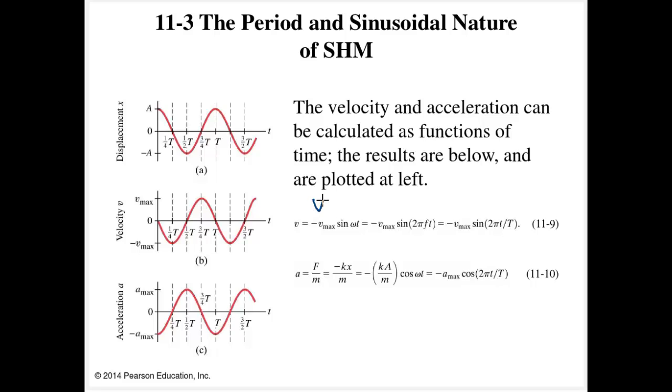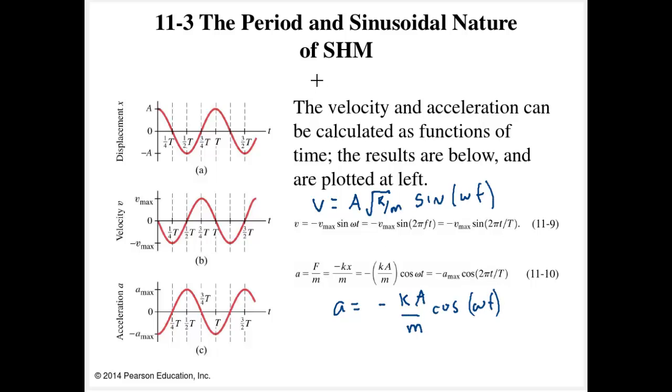We can say that the velocity at any given time is the amplitude multiplied by the square root of k divided by m multiplied by the sine of omega t, and the acceleration is equal to negative k A divided by m multiplied by the cosine of omega t.